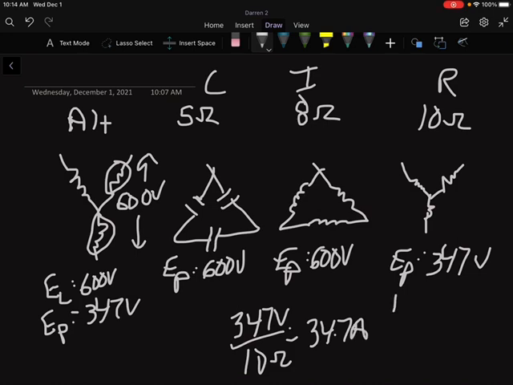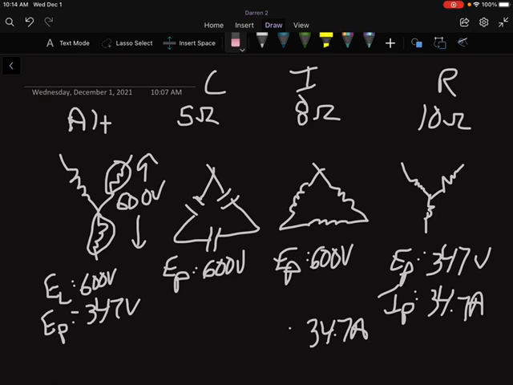So our I phase is going to equal 34.7 amps. And I'm doing this with my fingernail because I noticed that my stylus isn't working well, so bear with it looking like a 5-year-old doing it.